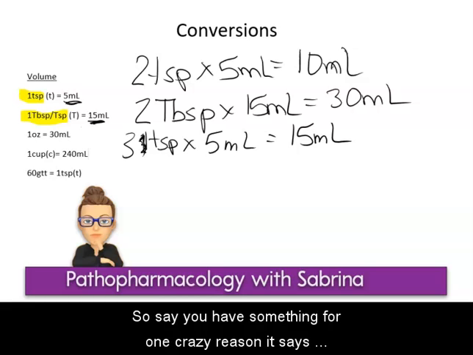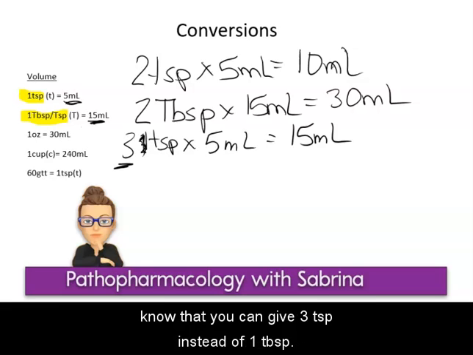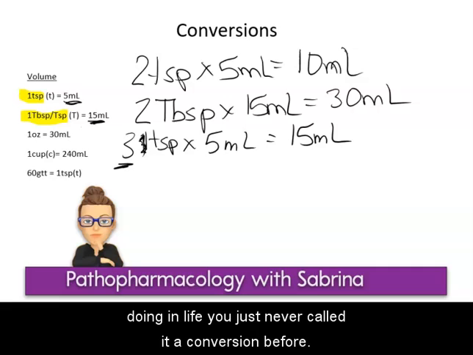So say you have something, for one crazy reason, it says give 1 tablespoon, and you don't have a tablespoon, you know that you can give 3 teaspoons instead of 1 tablespoon. So these are conversions that you're probably automatically doing in life. You just never called it a conversion before.